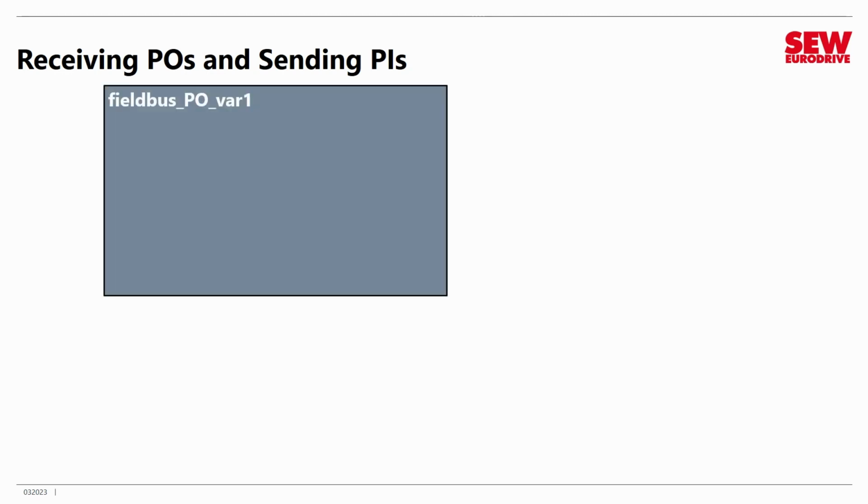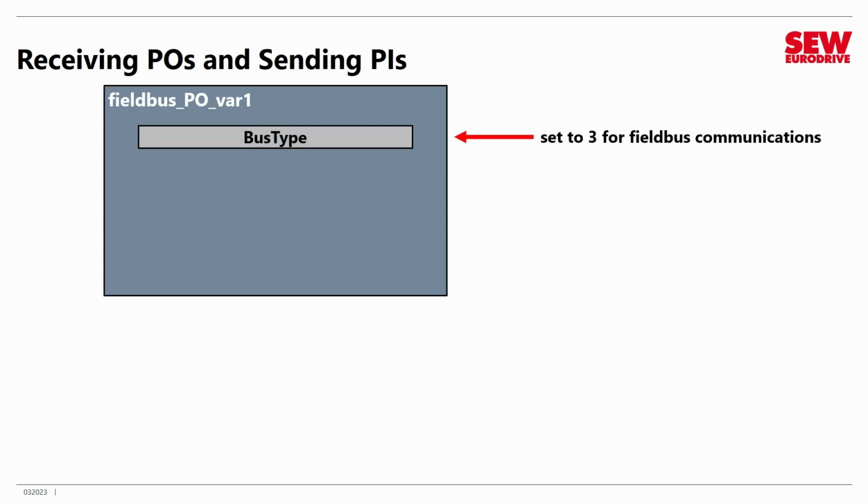All right, this is our first one, and I've just called this one Fieldbus PO var1. This one is used for getting the POs that are coming from the PLC. So here are the variables inside the record. The first is called bus type, and you set it to 3, which means Fieldbus communication.